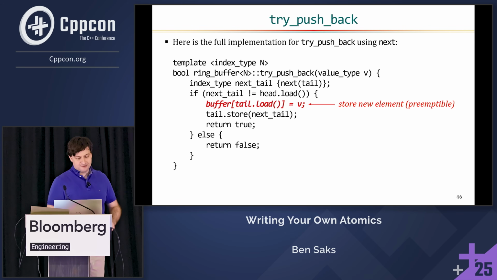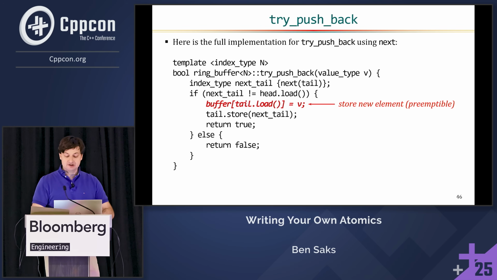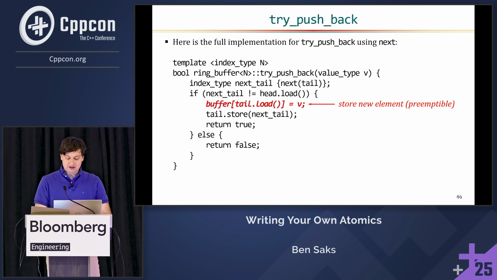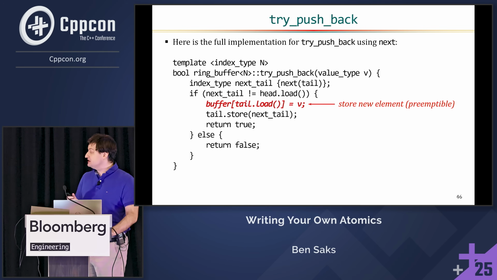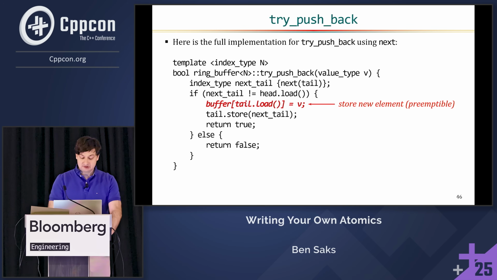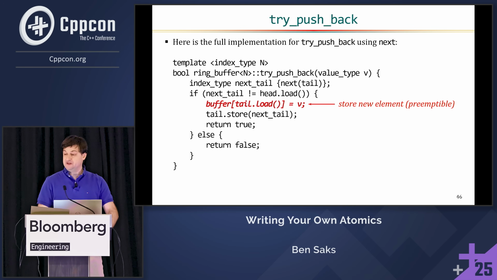Again, this kind of thing would look a little bit different if I needed to use types that had more sophisticated constructors and destructors. Here, I'm sticking with trivially constructible and destructible types so that we can focus on really the atomic part of this. As I say here, this part is actually preemptible. If this is the 32-bit element that's being written in my example, and I haven't made these objects atomic, and it turns out they don't need to be.